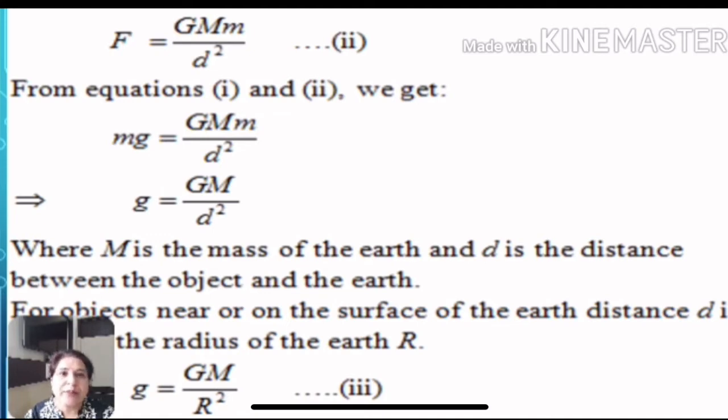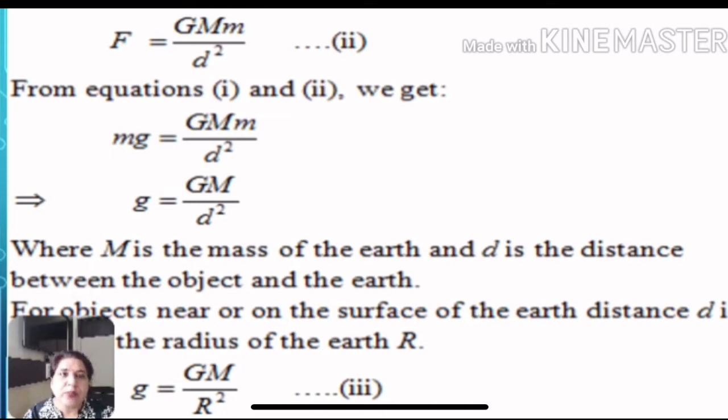Small m cancels, so small g = G M/d², where M is the mass of Earth, d is the distance between the object and the Earth, and G is the universal gravitation constant.